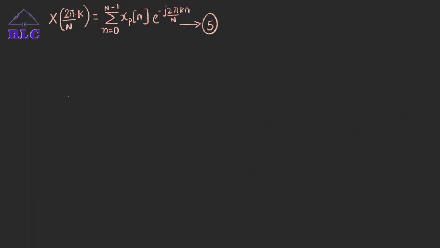Now consider equation 5. In equation 5 there is a term xp of n, which is the periodic sequence.